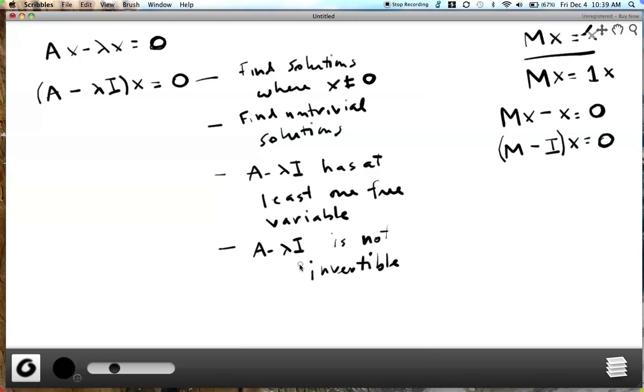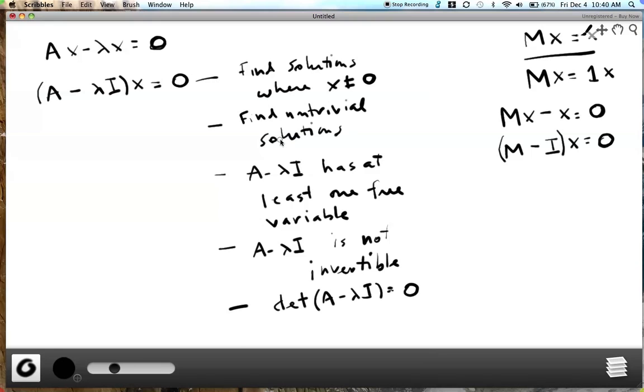And one way to get your handle on a matrix that's not invertible is to look at its determinant. So we know that the determinant of A minus lambda I has to equal 0, right? Because if it's not invertible, that means its determinant equals 0. So if the determinant of A minus lambda I equals 0, then that means it's not invertible, which means that it has at least one free variable, which means the system will have non-trivial solutions.